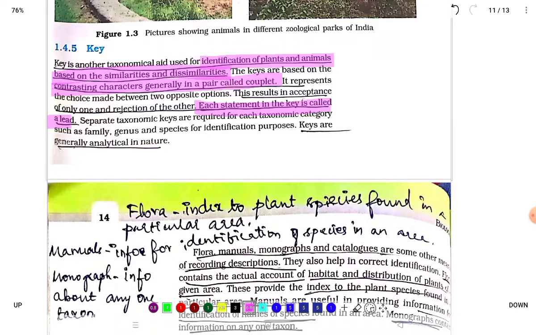Keys are generally analytical in nature. This also you have to note. In a key, identification of plants and animals is based on similarities and dissimilarities, the contrasting characters in a pair are called a couplet, each statement in the key is said to be a lead, and keys are generally analytical in nature.